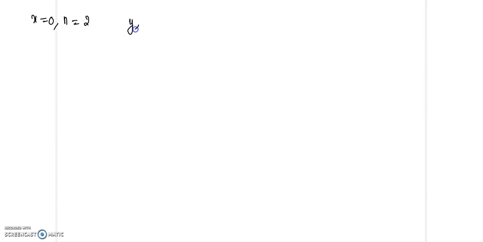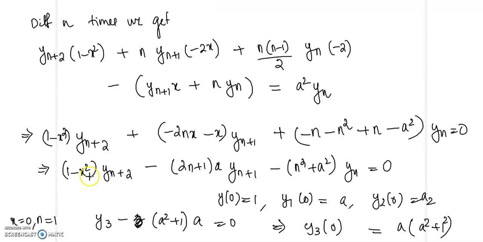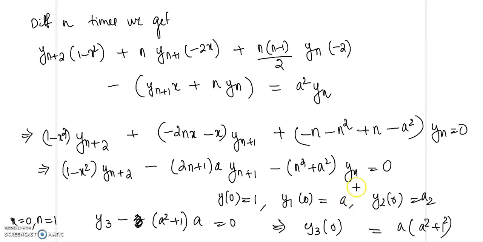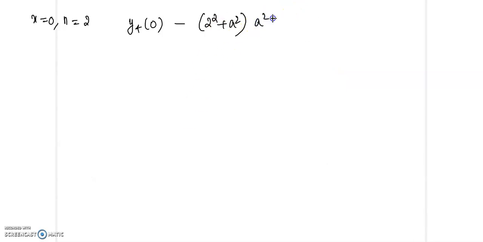So the first term y4 at 0 will come, second term is 0, minus 2 square plus a square into y2. y2 is, okay, this is a square, not a2. So therefore y4 at 0 is a square into a square plus 4.